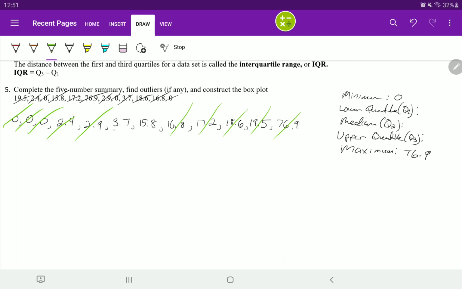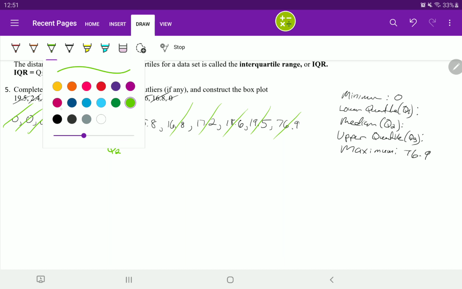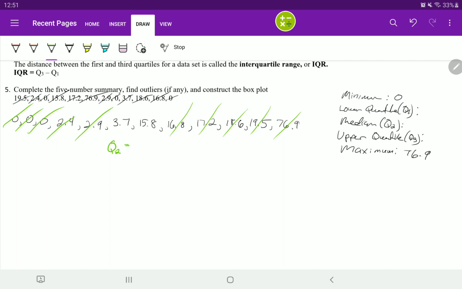Now here, if you look, there are 2 middle values. So to find the median in this case, which is going to be quartile 2, you're going to take 3.7, add it to 15.8, and divide it by 2.